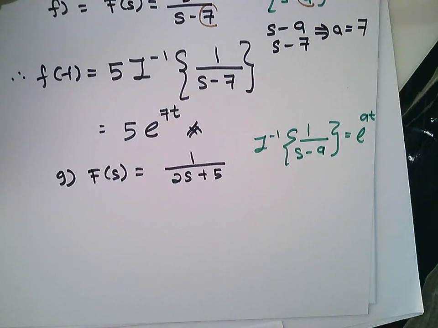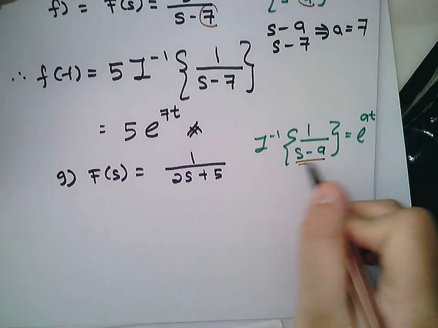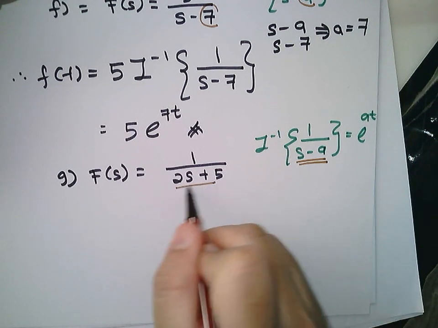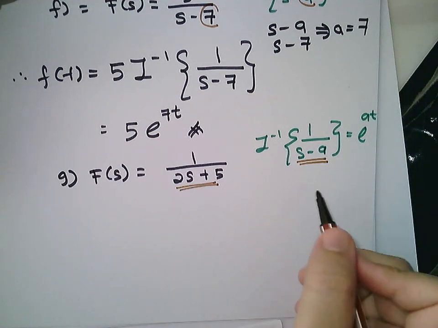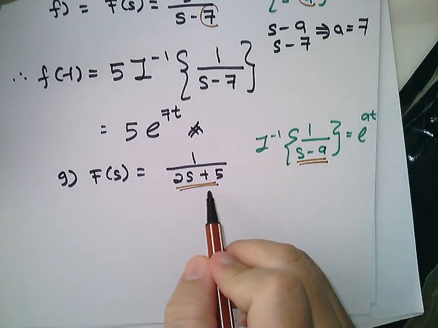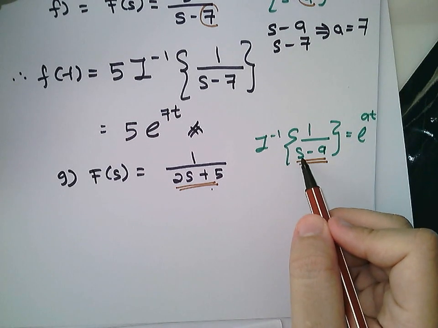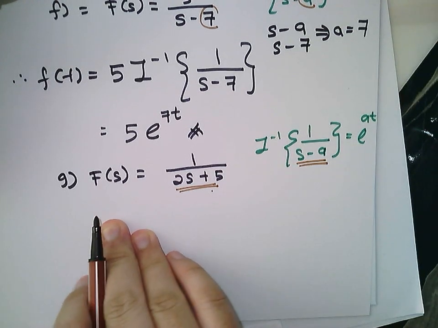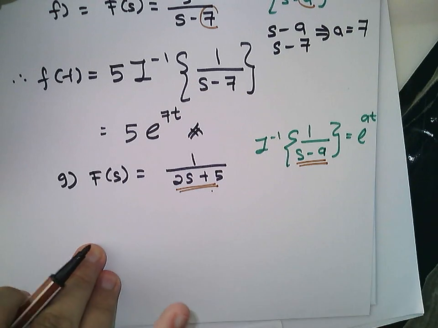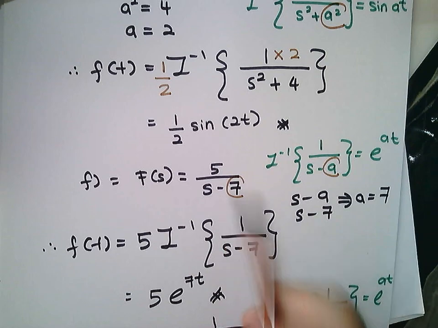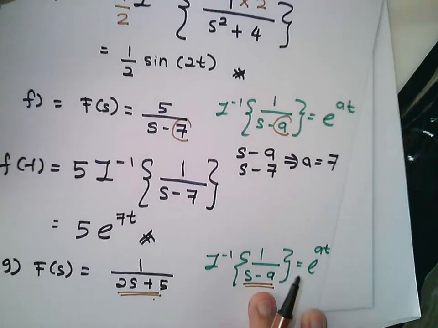Here you have s minus a, but your problem is 2s plus 5. So you cannot simply write a is equal to negative 5. That is wrong. You need to make sure that the coefficient of s is 1. For the previous example, you don't have any problem because the coefficient of s is 1, but as for this one, the coefficient of s is 2.